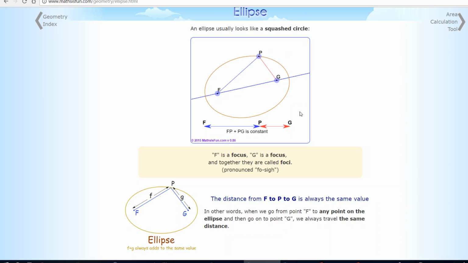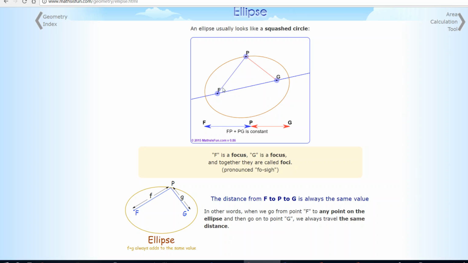As you can see, the lengths are different numbers, but they add up to the same constant every time. Just as a quick example, let's say the full distance from F to G is 10. F to P might be 7, so P to G would be 3, because that would add up to 10.